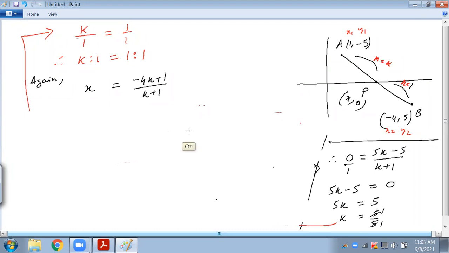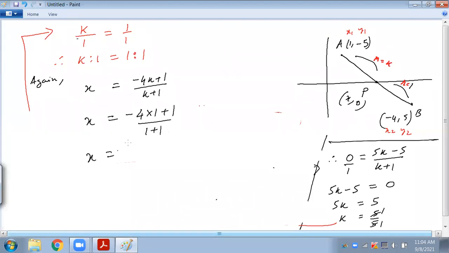So to find x, we are going to take the x coordinate on both sides equal and put the value of k. So x will be equal to what? K is how much? We got k equal to 1 by 1, which is 1. So instead of k, I can put 1: (-4 + 1) by (1 + 1).